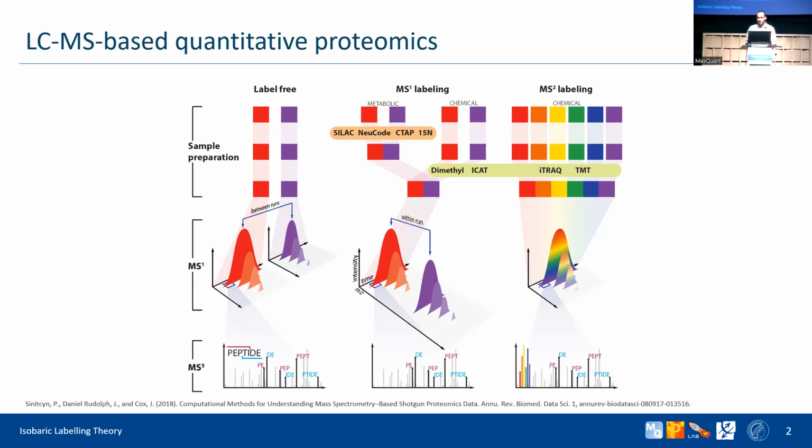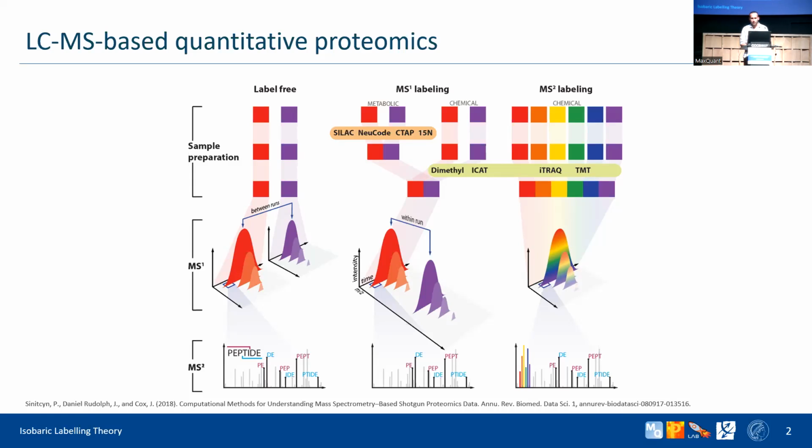And this helps us with multiplexing, so putting a lot of samples together. The latest and greatest is 18-plex TMT, where you can put 18 samples together. I will come to that later. And so you end up with less measurement time, if measurement time is very valuable to you. And variability between runs is inherently non-existent because there is only one run.